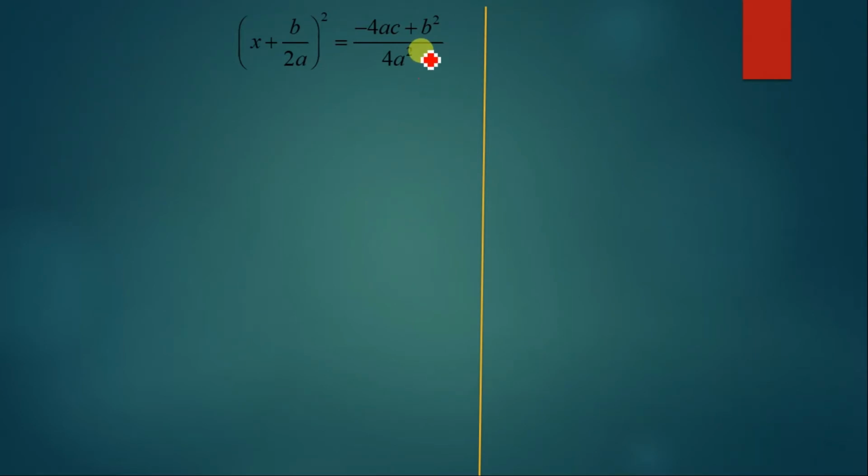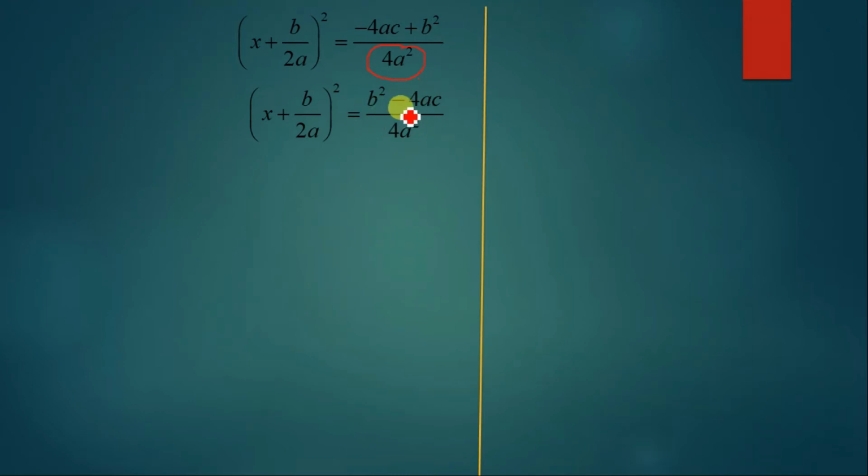What I have done is I have taken 4a squared as the LCM, because we add or subtract rational numbers by taking the LCM. x plus b upon 2a whole squared is equal to b squared minus 4ac upon 4a squared.